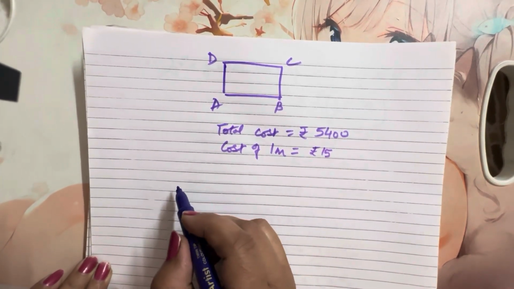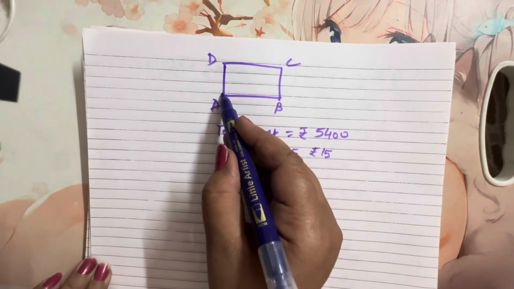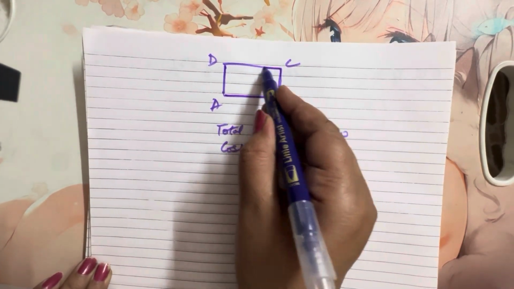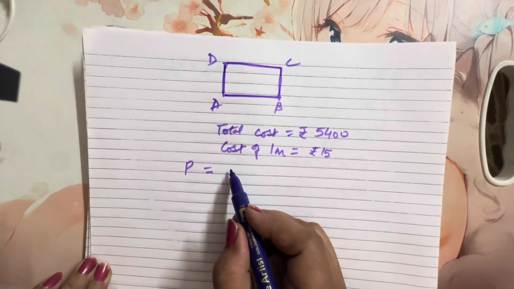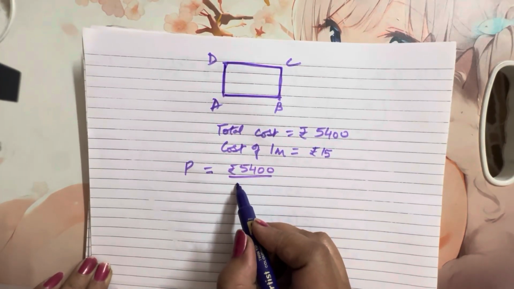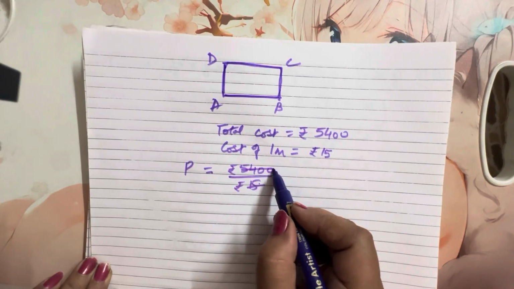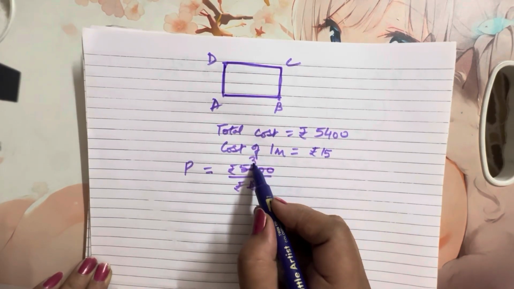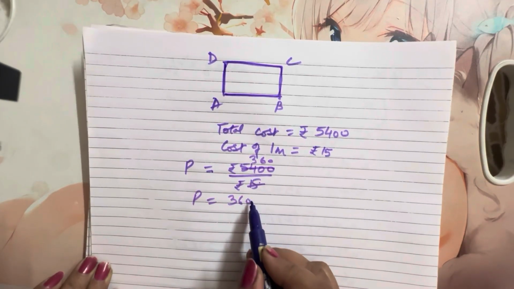Now first of all we'll find out the perimeter, because when we are fencing, we are covering the outside, so that means the perimeter of a rectangular garden. How will we find it out? Total cost divided by the cost of 1 meter, we'll cut it, we'll get 360 here. So perimeter will be equal to 360.